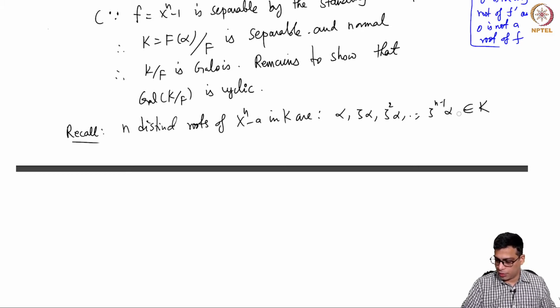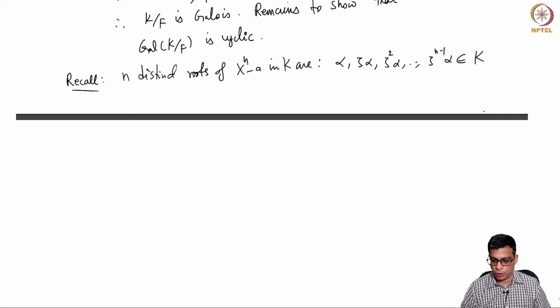The primitive roots of unity are in F, so they are in k. So, the n roots are given by this, and they are all distinct because the polynomial is separable.